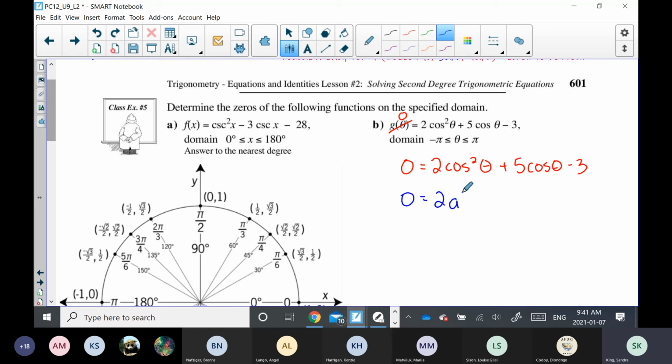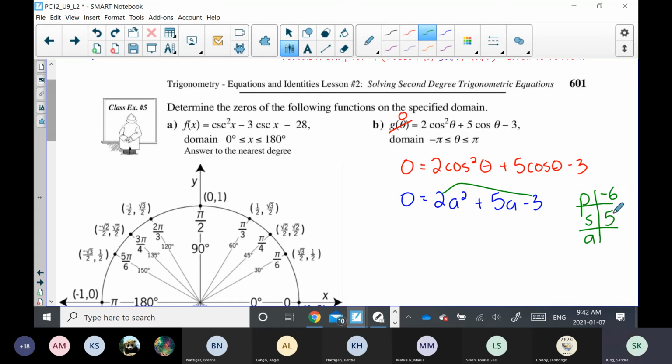So 2a squared plus 5a minus 3. Hopefully everybody recognizes that this is a PSA 2 question. So we would set up our chart. We'd be looking for what gives us a product of -6 and sums to 5. 1 and 6 or 2 and 3.